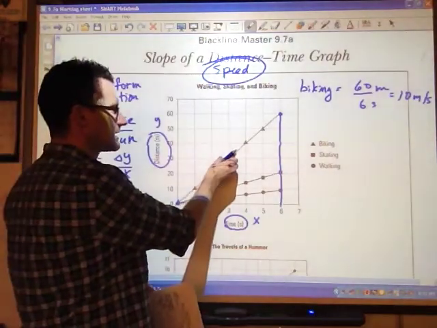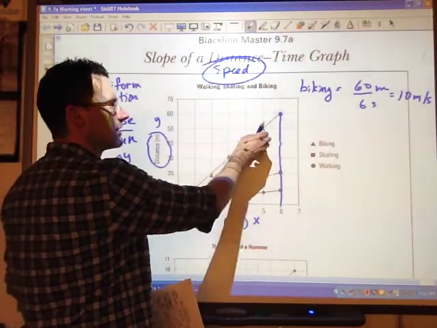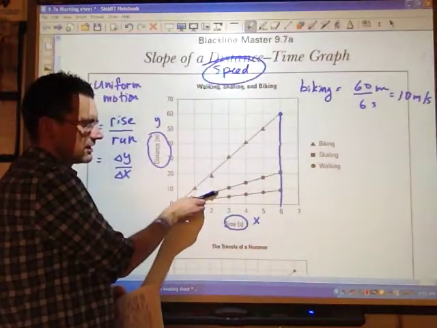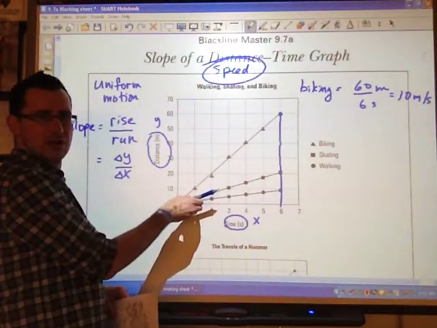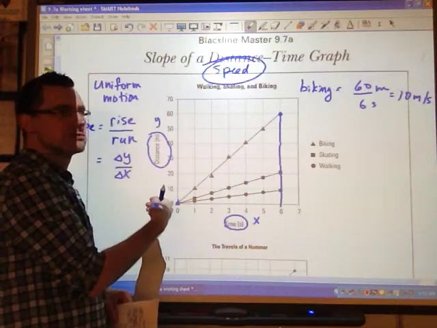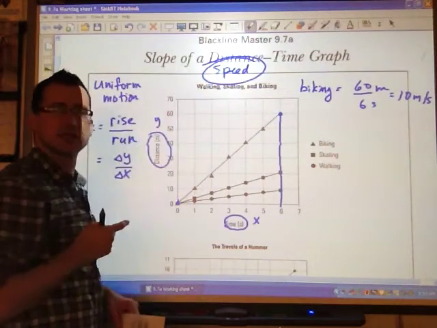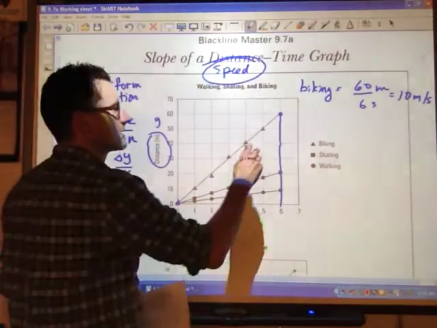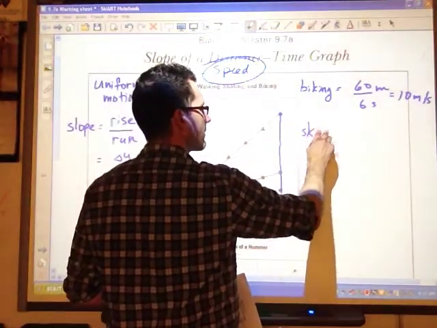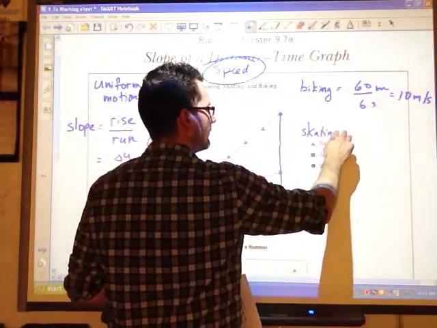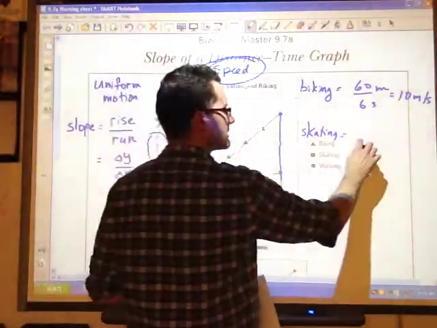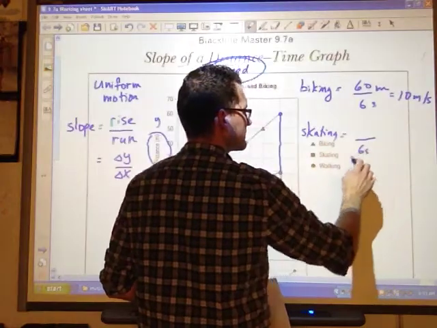Now, by looking at this, largest slope, largest number, largest speed. So the skating line has a much smaller slope, which will mean it'll be a much smaller speed, because slope means speed when you have a distance time graph. So let's take a look here. Skating: it also has a run of 6, so that would be 6 seconds.